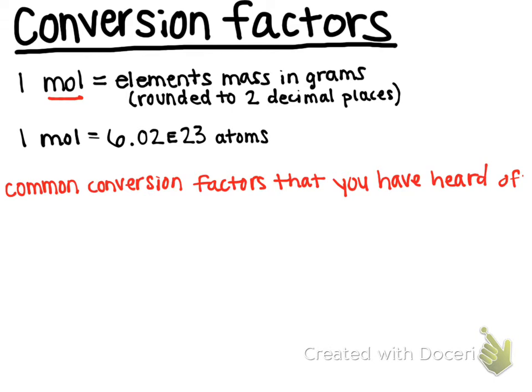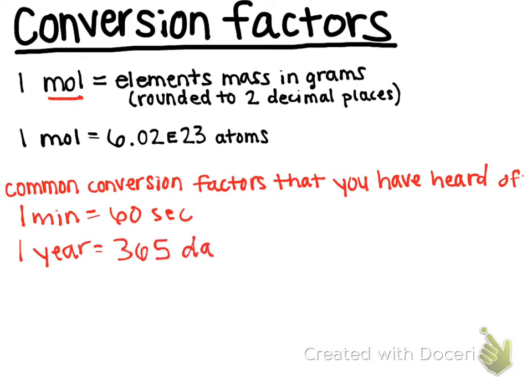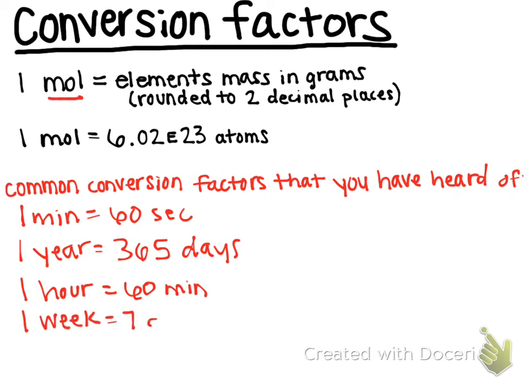A conversion factor is like saying that 1 minute equals 60 seconds, or 1 year equals 365 days, or 1 hour equals 60 minutes, or 1 week equals 7 days. These are things that you've probably heard of before.